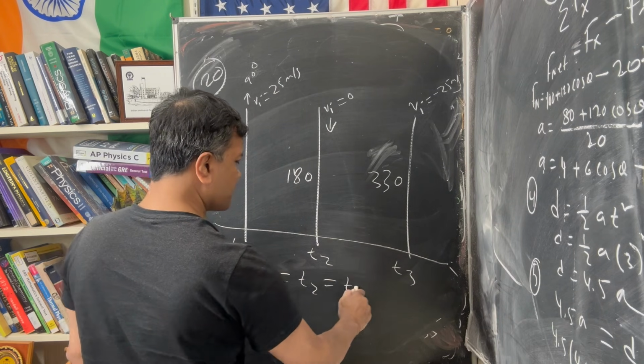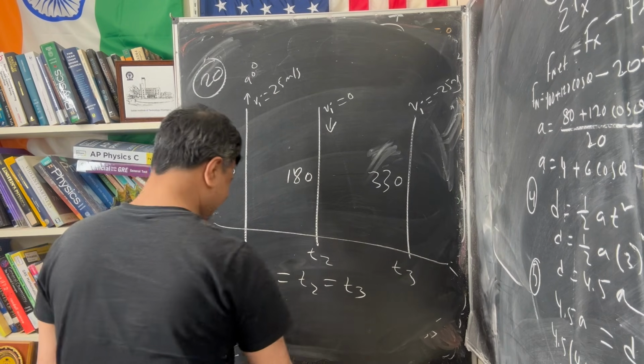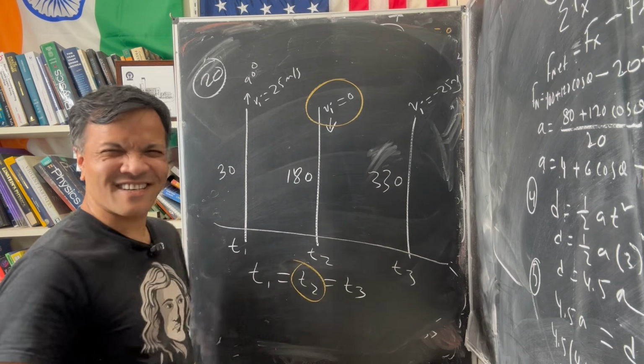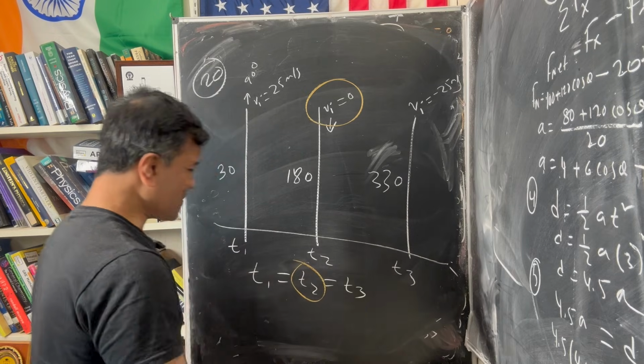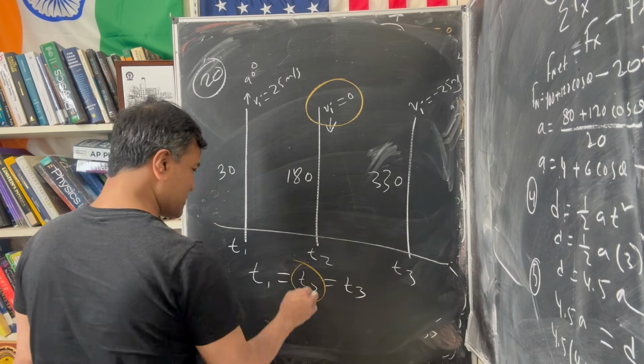So which one would be the easiest to find? This one would be the easiest because it's free fall, it's dropped. If you know T2, you know T1 and T3. So you're going to find T2.